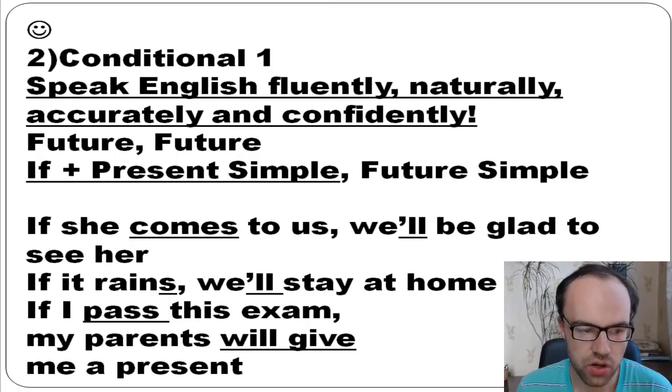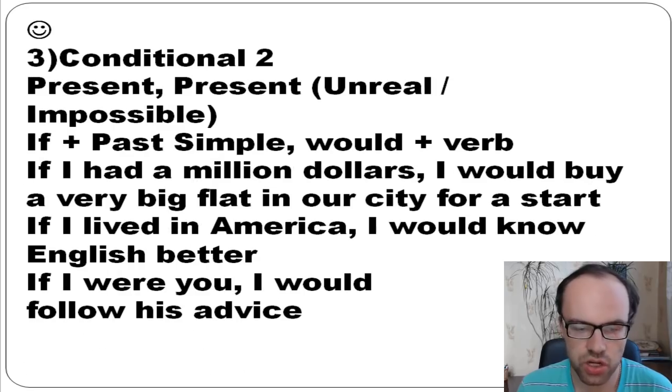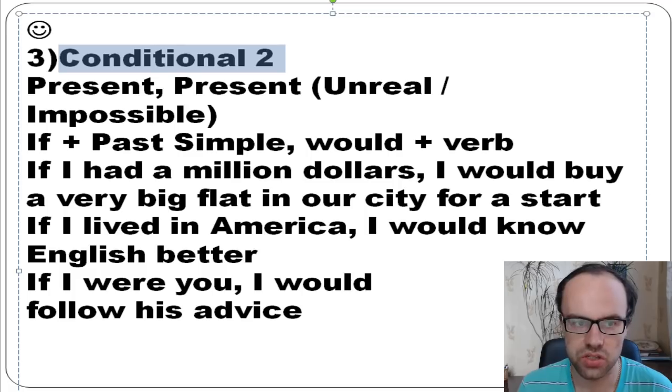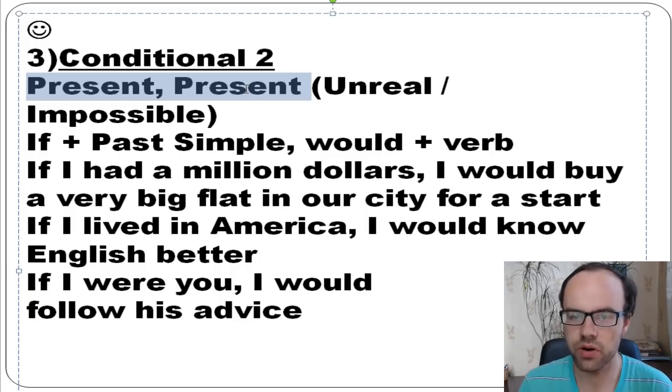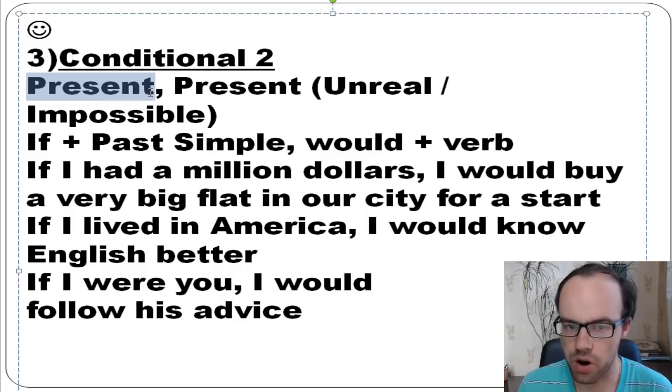Well, you know, I think that it's a very good idea to talk about the second conditional, okay? The second conditional. So when do we use it? So it's for present and present, yeah? So you talk about the present in the first part of the sentence and in the second part of the sentence.